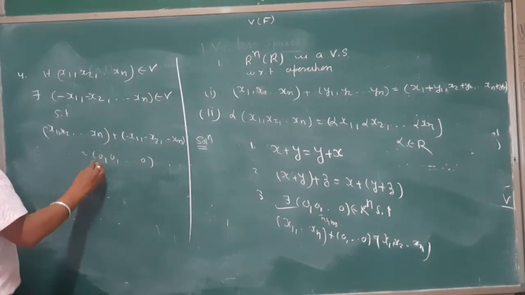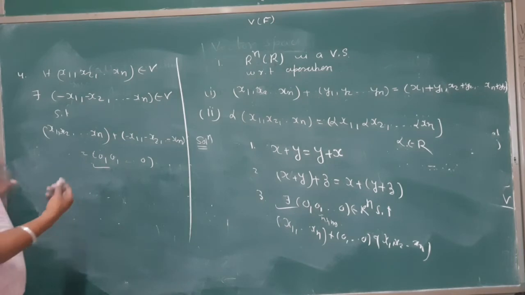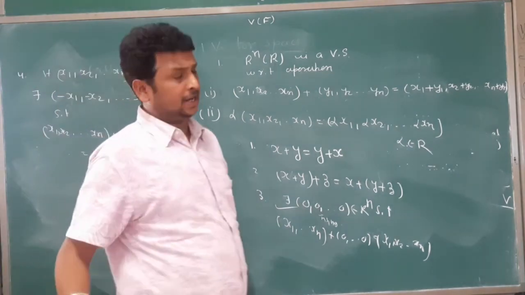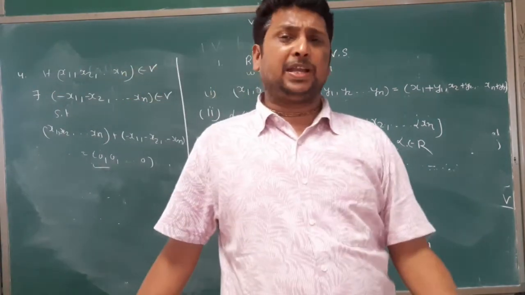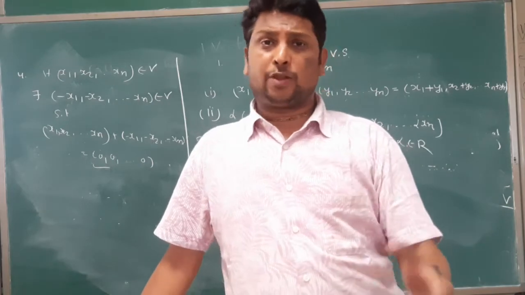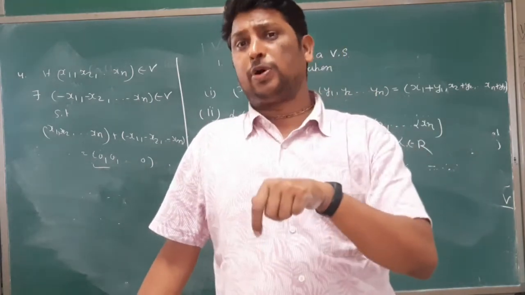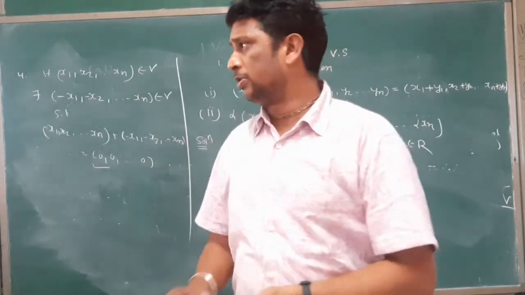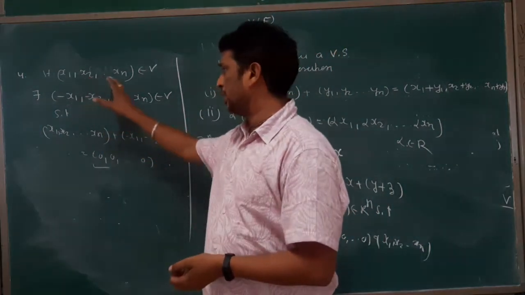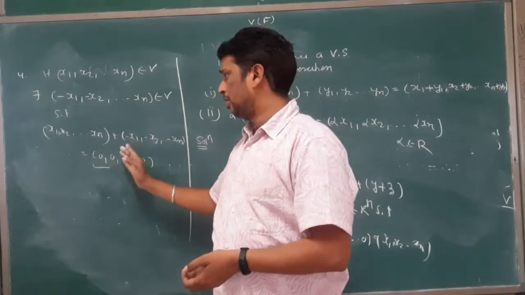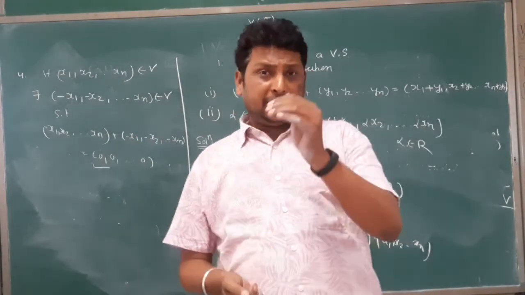So it means the inverse also exists. For every (x1, x2, ..., xn), there exists (-x1, -x2, ..., -xn), because if x1 belongs to R, then -x1 also belongs to R; x2 belongs to R, then -x2 belongs to R. So definitely for every (x1, x2, ..., xn), this one exists. So this is for the internal binary operation.